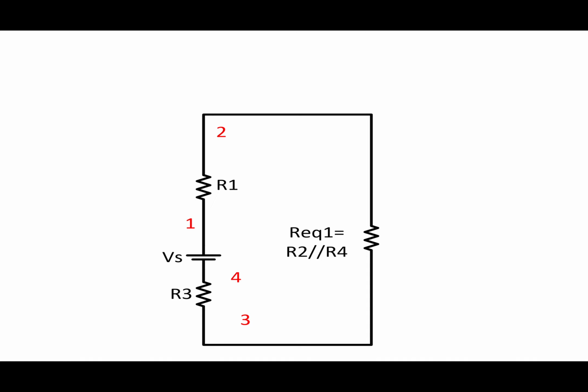R1 and R3 are kept intact, but R2 and R4 are replaced by their equivalent resistance connected between 2 and 3.